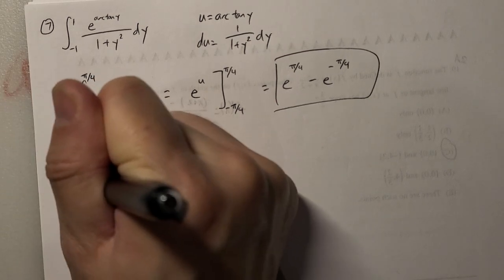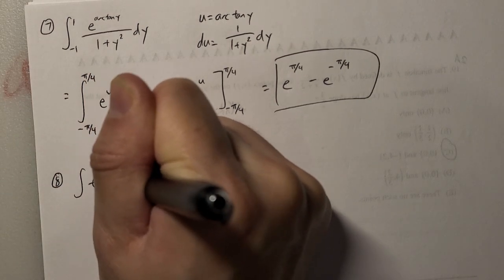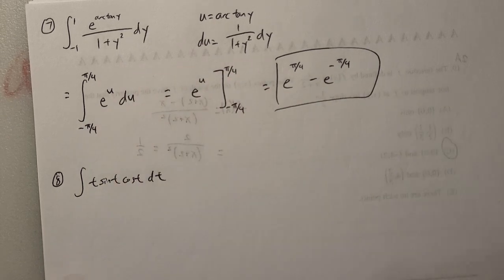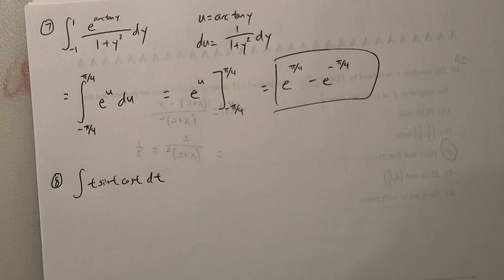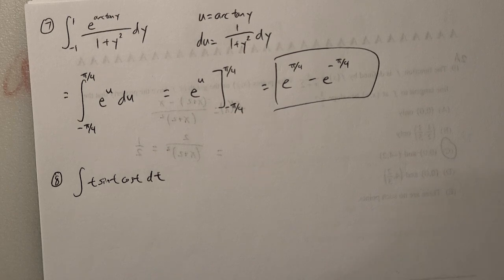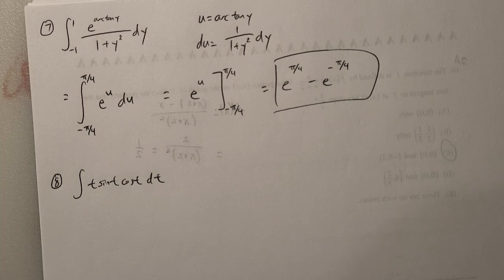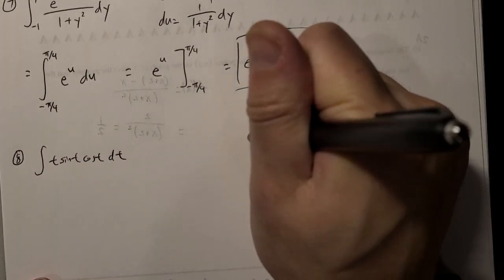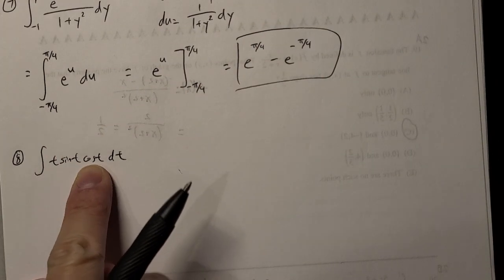Number 8, integral t sine t cosine t dt. So here I see a product of things, so likely we should use integration by parts. And before that, remember there's an identity that looks very similar to this.